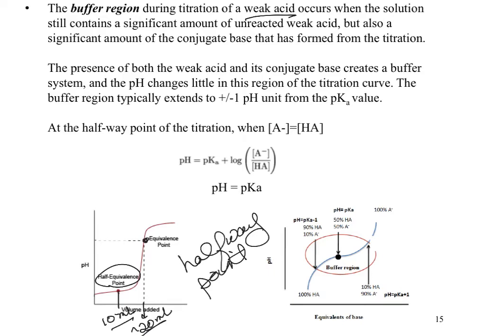So if you want to find the pH at the halfway point, you just calculate half the volume, go up to that point on the curve and move over to the y-axis, and you'll find the pH at the halfway point. Well, why is the pH important at the halfway point? Because at the halfway point, pH equals pKa.